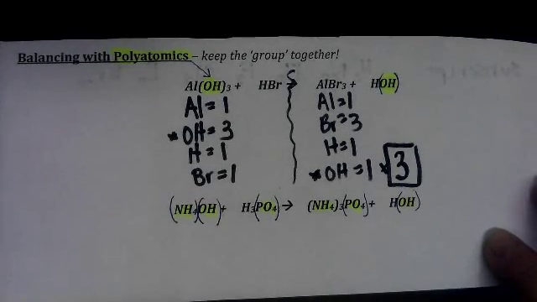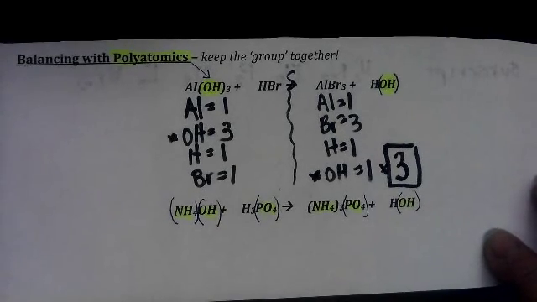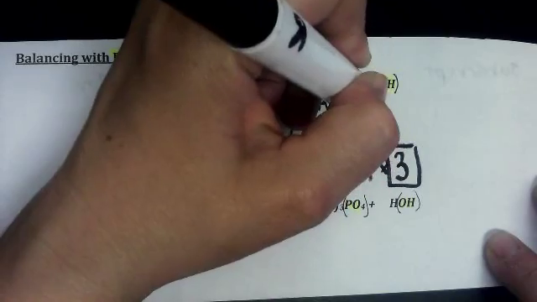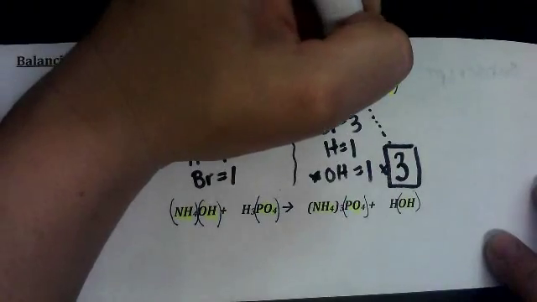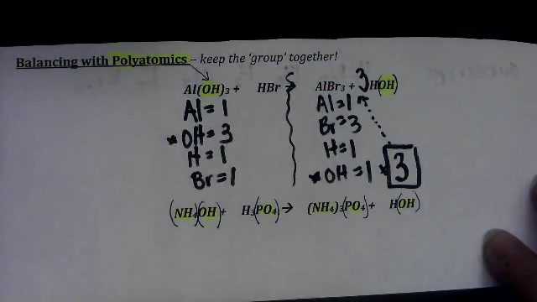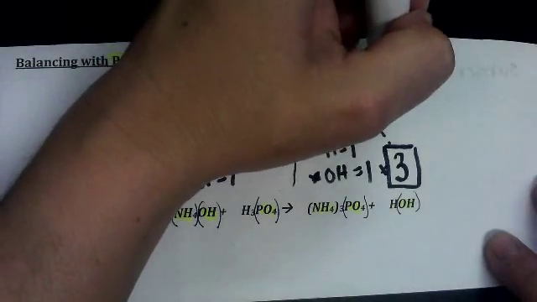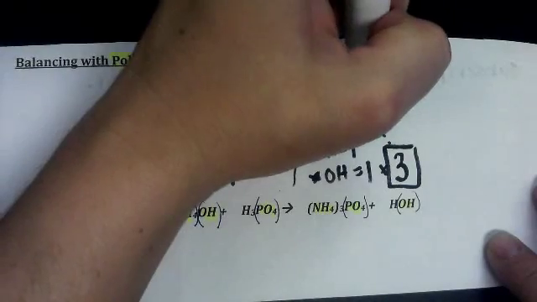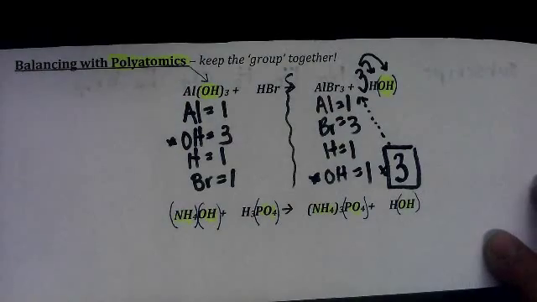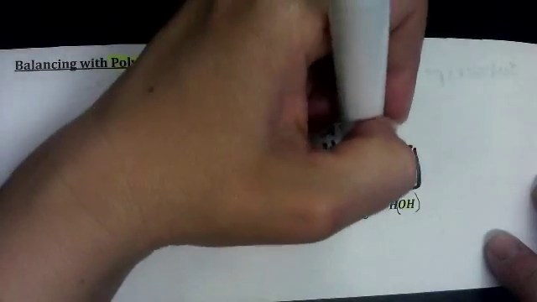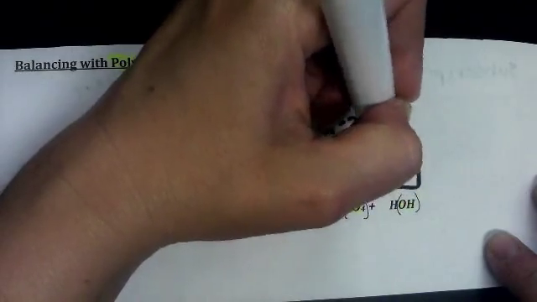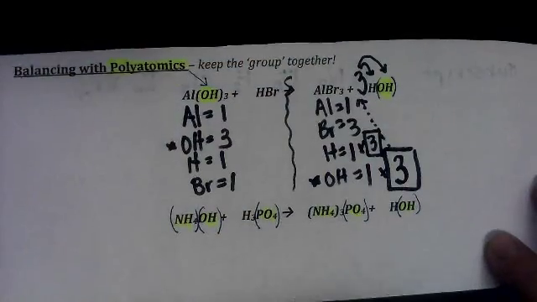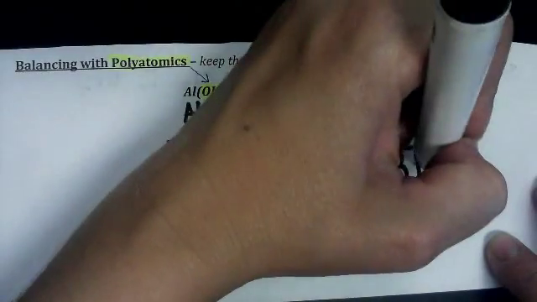Let's put this in a square because that's going to be your coefficient. We're going to put that up here in front of your compound. That's going to distribute to the OH and it's going to distribute to your H. So let's change your H because we put a coefficient, put it in a square, and that will equal 3.